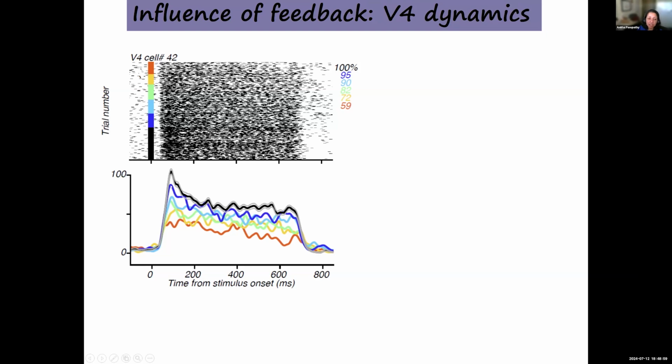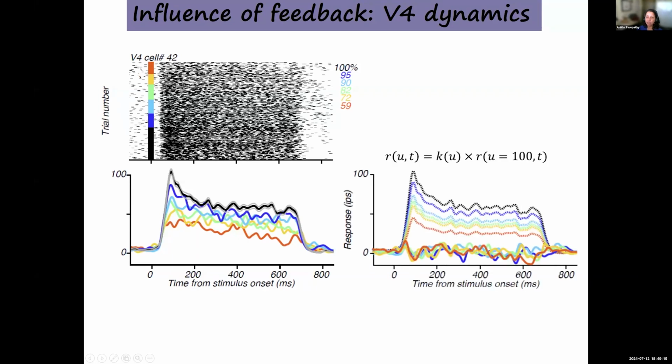So if I wanted to predict the responses to these different levels of occlusion, all I need to do is take one constant multiplicative factor that doesn't change across time to predict responses to these different levels of occlusion. In fact, that's what we did. We predicted the responses of the neuron as a function of occlusion level and time by simply multiplying the response to the unoccluded stimulus by a factor which depends just on occlusion level.